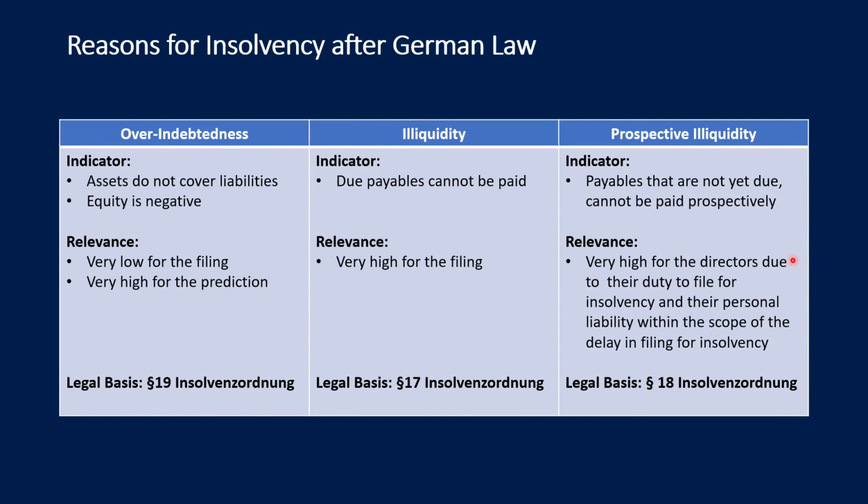So the directors might be personally liable if they delay in filing for insolvency, if an illiquidity is foreseeable. Here again we see the legal basis, so we have 17, 18 and 19 Insolvenzordnung.